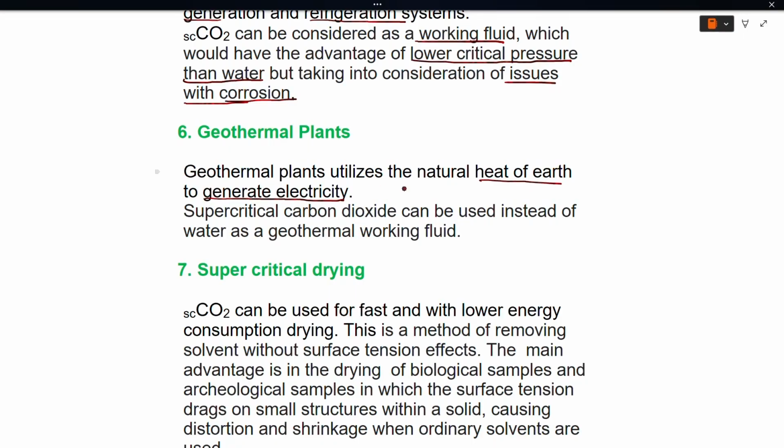Now, here instead of water you can use supercritical carbon dioxide as a working fluid in geothermal apparatus. Okay, that is what is in use in geothermal plants.